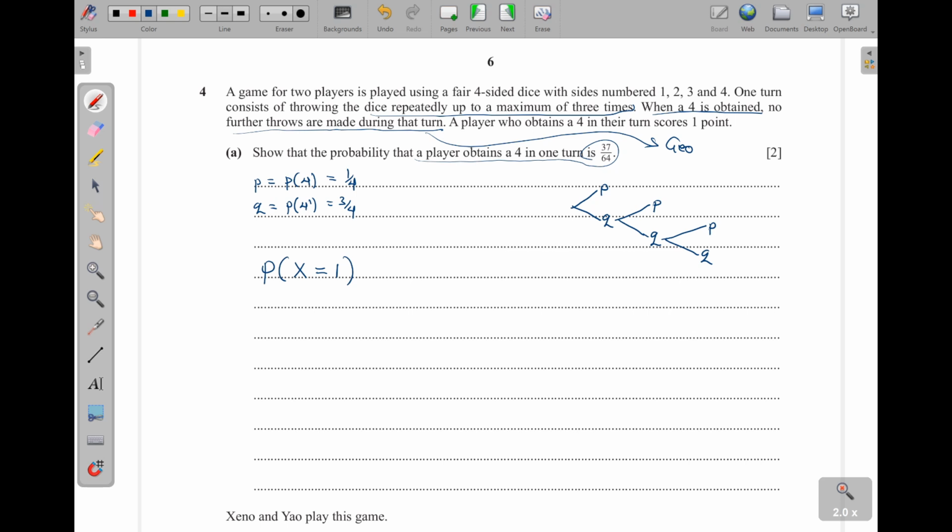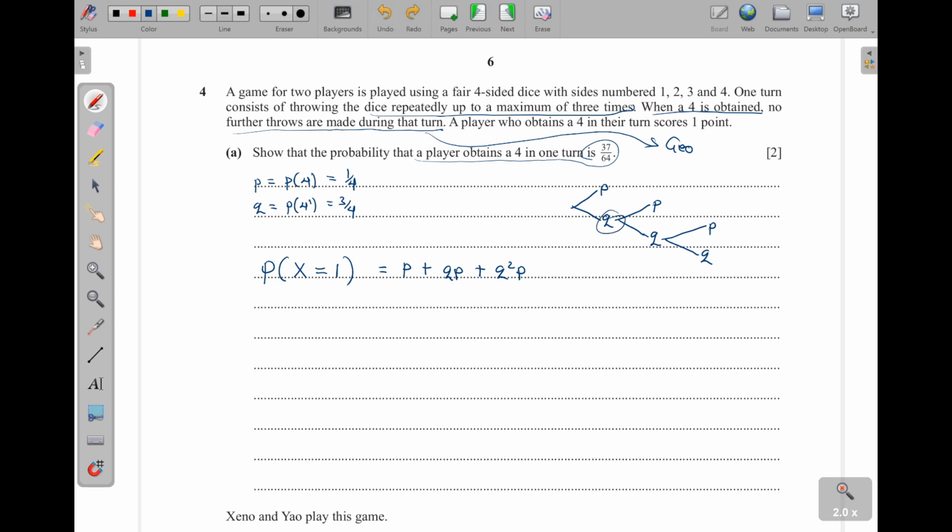So you can obtain that 4 on the first throw, or on the second one, that means on the first one you failed, or you can obtain that 4 on the third throw, that means on the first and the second you failed. So I can have this scenario here that I have p, then plus qp, then plus q squared p.